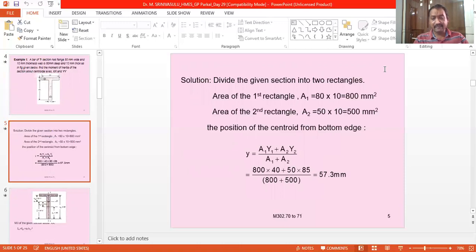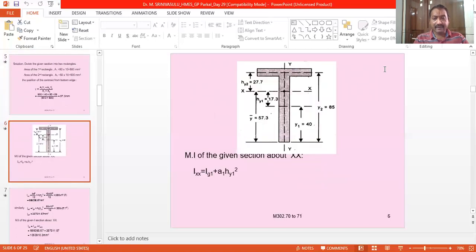Y bar is equal to a1 y1 plus a2 y2 by a1 plus a2. Substituting the values, the y bar is equal to 57.3 millimeters. So the y coordinate we have found, and it is at a distance of 57.3 millimeters from the bottom edge on the y-axis. So this is the exact centroid of the given T section.